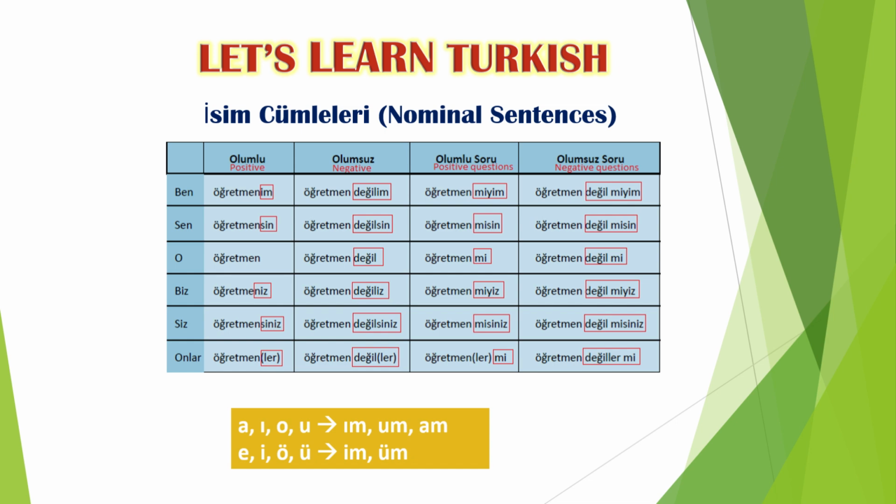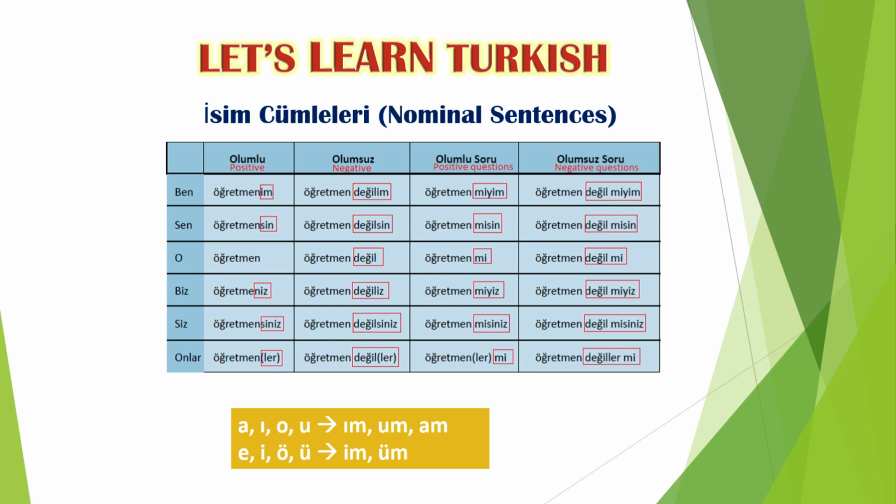It depends on what vowel the last syllable of the word contains. For you, we add the suffix sin. Third person, she, he, it doesn't contain any suffix. For plural forms, we use iz, siniz, or ler.